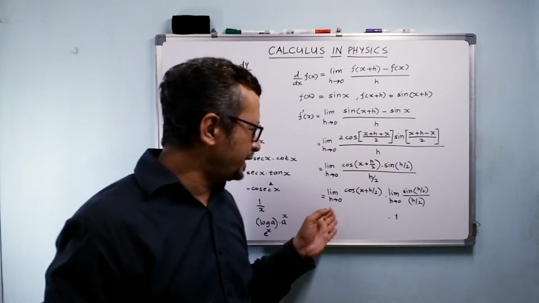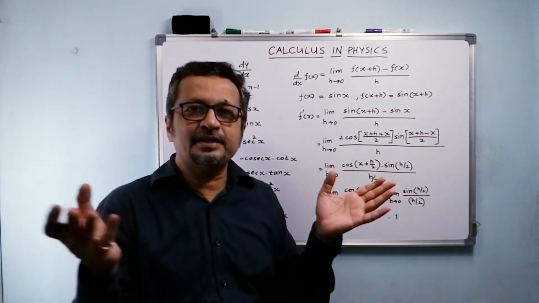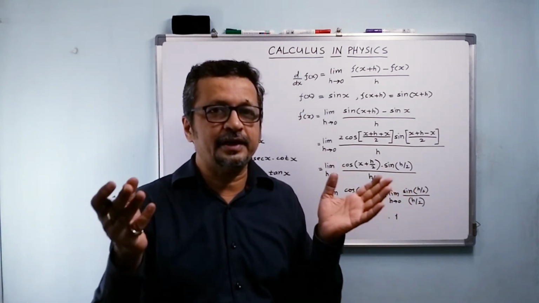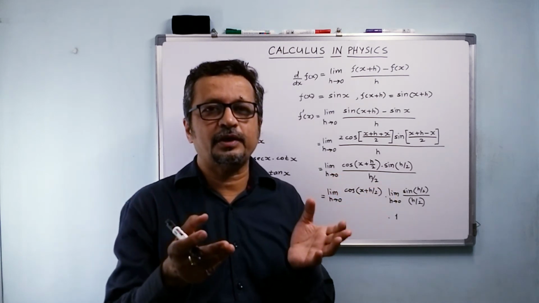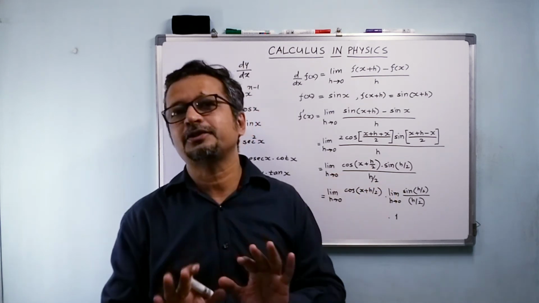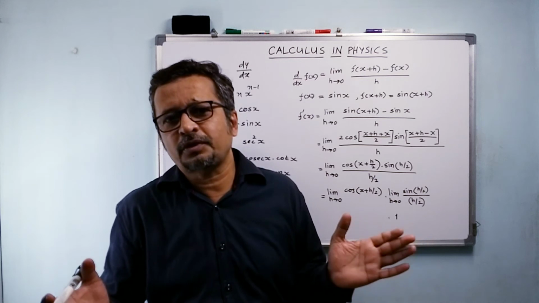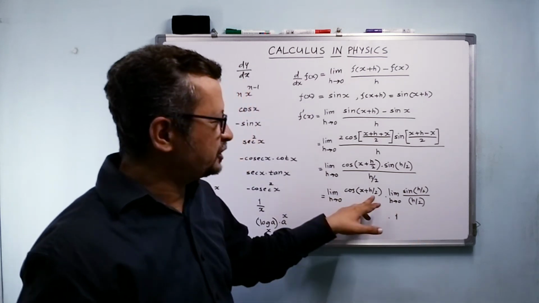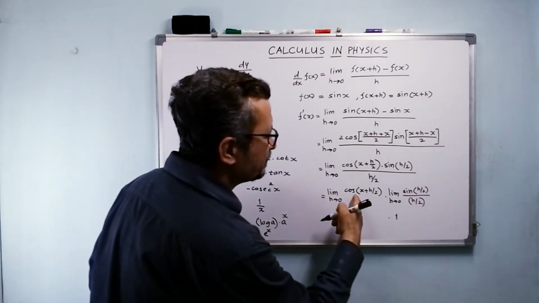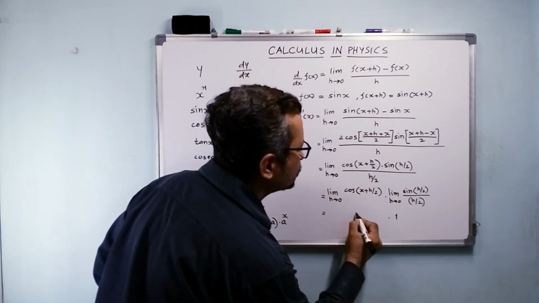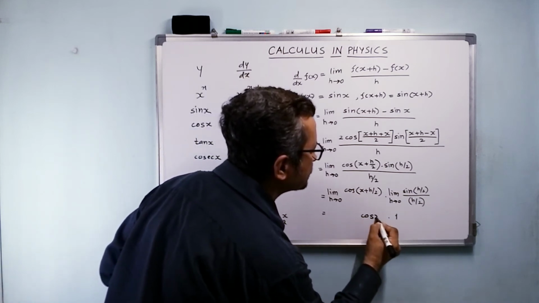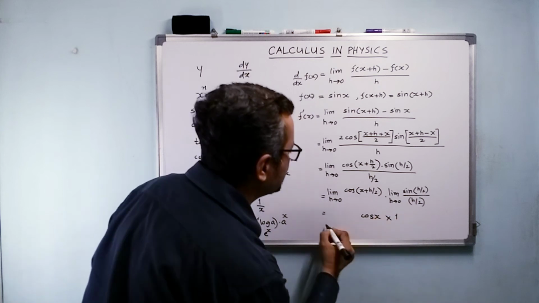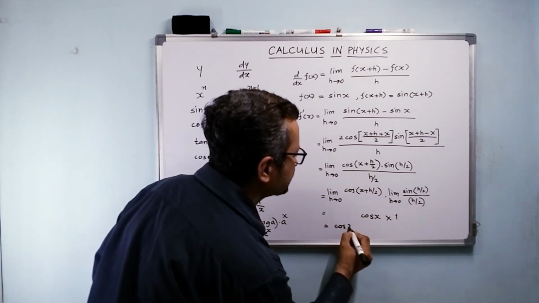I don't have 0 in the denominator, I'm not having any quantity which is tending to 0 in the denominator. So I'm fine. I can substitute h by 2 equal to 0, and what I'm left with is only cos of x, and cos of x into 1 is finally equal to cos x.